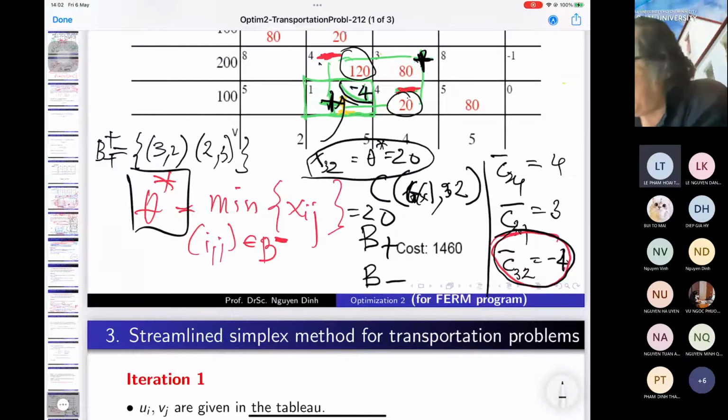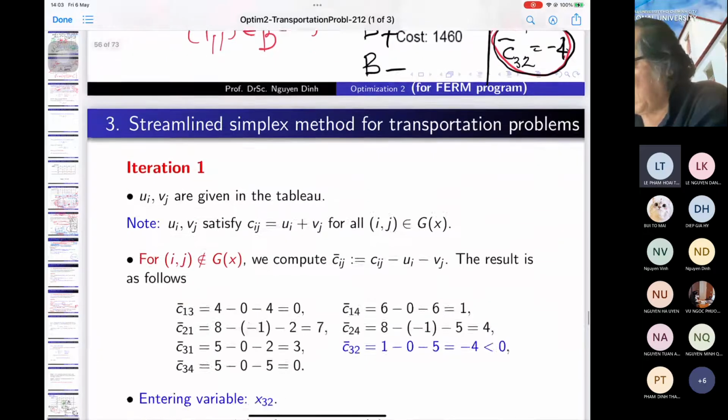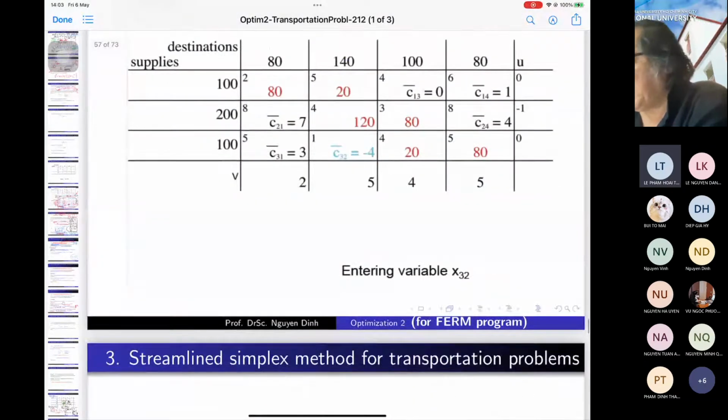But if you put 20 here, then in the minus sign you subtract 20, and in the plus sign you add 20. So what is the new one? The new one will be like this. Here this is negative, so the plus sign. You put theta star, which is 20, here minus 20, here plus 20, and here minus 20.